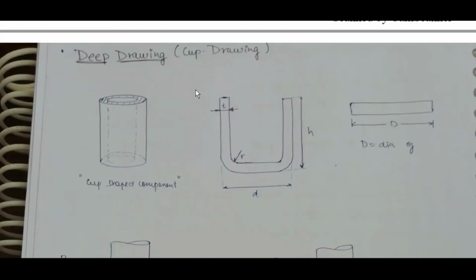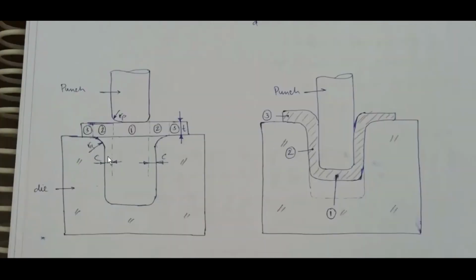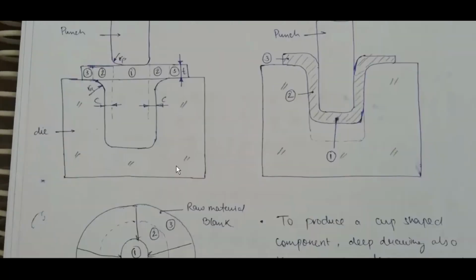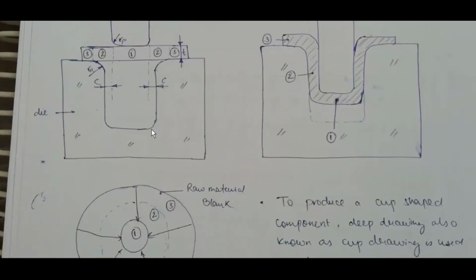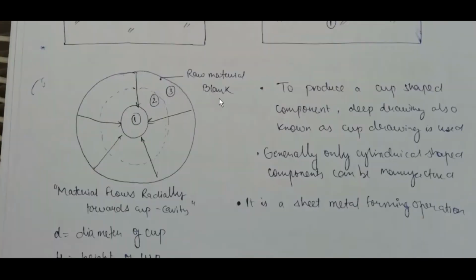Deep drawing, cup drawing. Cup shaped component: small d is the diameter of the cup, capital D is the diameter of the blank. Punch, die, raw material blank, regions 1, 2, 3, which we will explain.